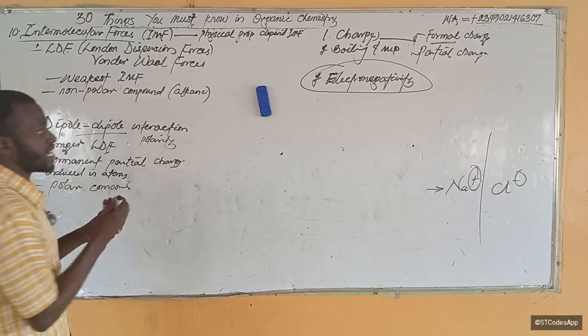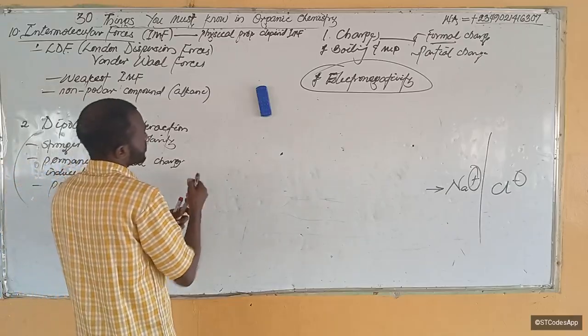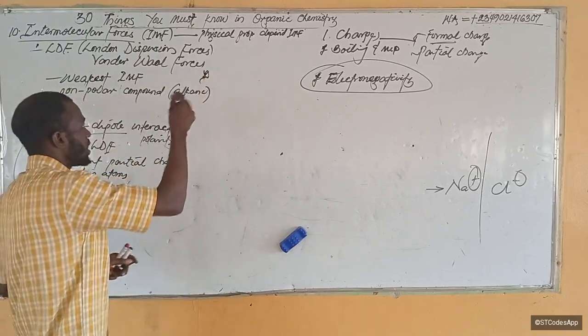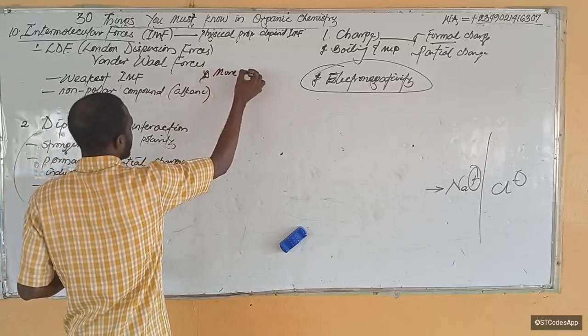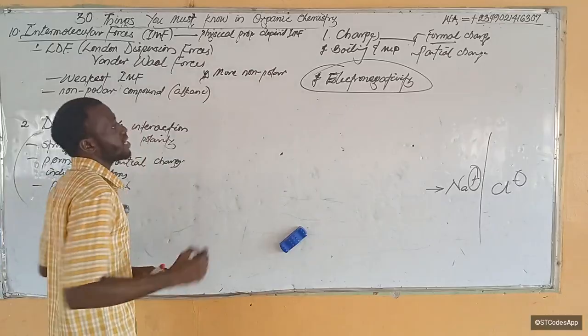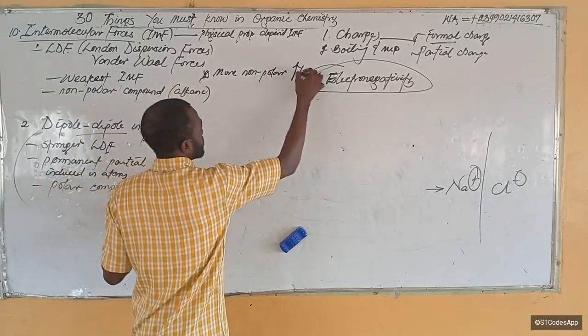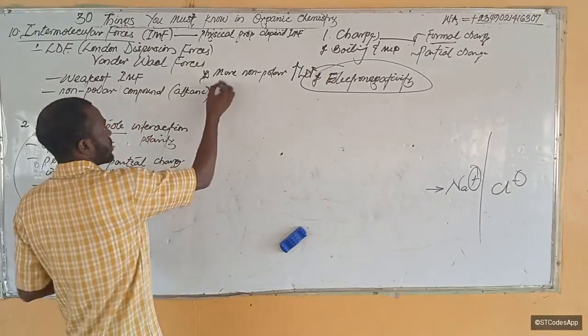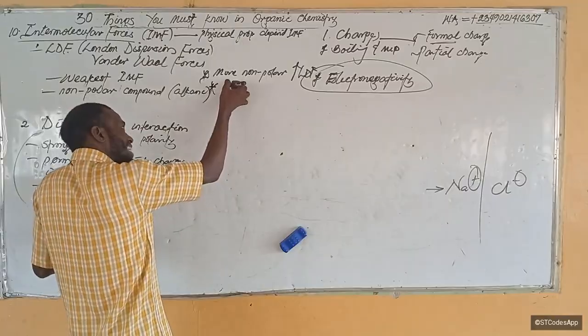Okay, but there is something with this guy, the LDF. What that means is that the more non-polar a compound is, the higher the LDF. Do you understand? The higher the non-polarity, the higher the LDF. Then of course, the longer the chain length.